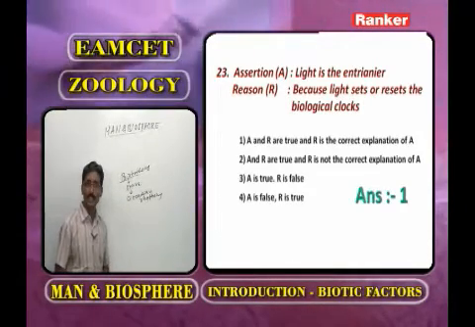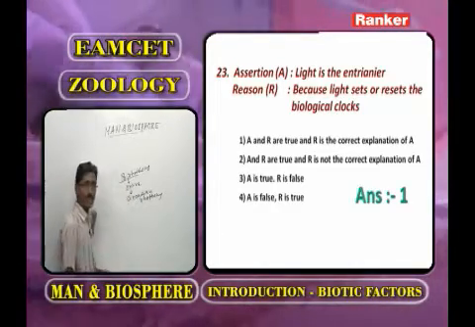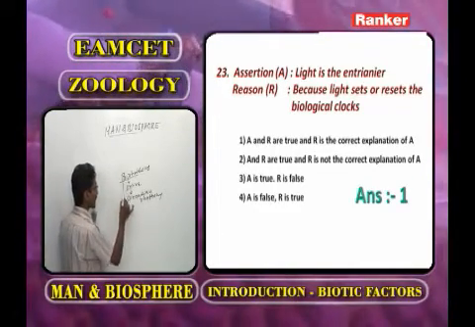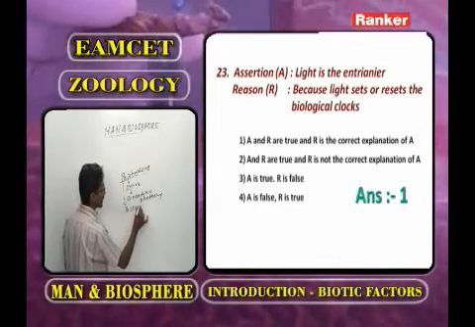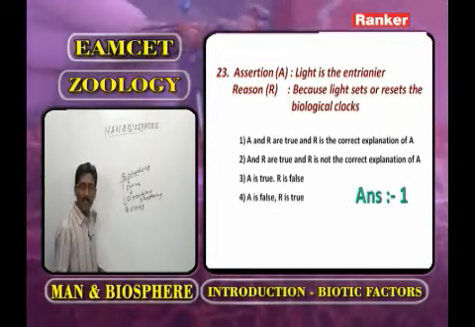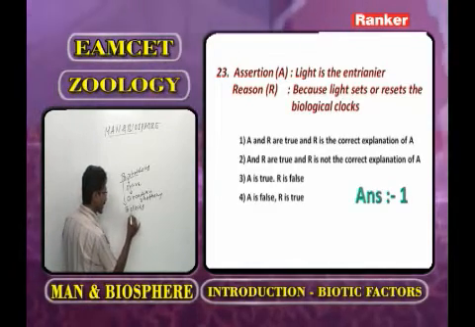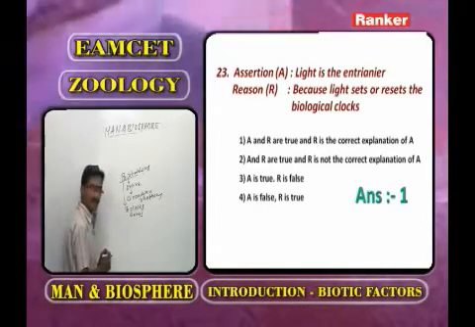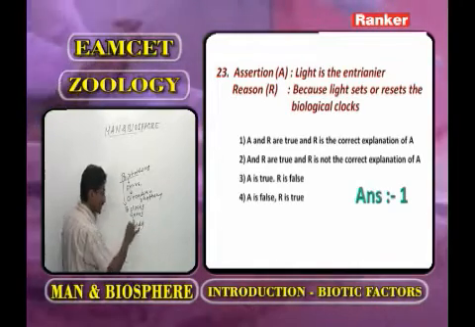That is circadian rhythm. The circadian rhythms are nothing but biological rhythms. The biological rhythms are under the control of biological clocks. What are the biological clocks? Nothing but the genes. These biological clocks are present in our body from birth onwards.